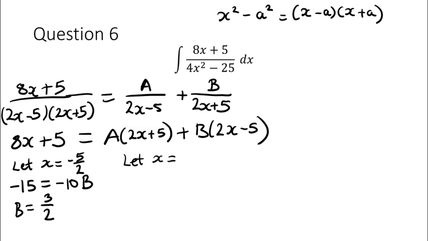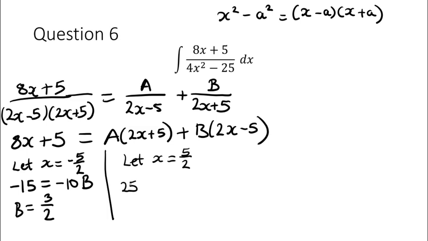So I found b, now I'm going to find a. I can do that by substituting x equals positive 5 over 2. What's going to happen there is that the second bracket will go to 0, and that will allow me to find a. So we substitute 5 over 2 on the left-hand side, and we get 25.